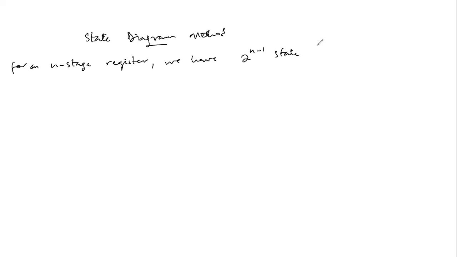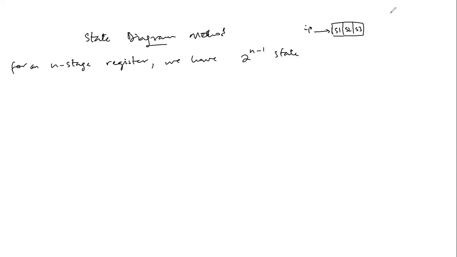So in our design, where we have the state diagram, say S1, S2, S3, for which we have the input, okay?